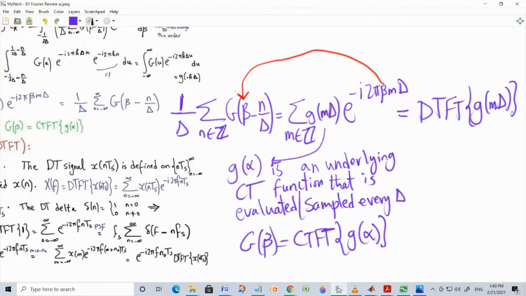Suppose that you want to compute the DTFT of some signal, so you are stuck with this summation here, and you find, for example, that g is the sinc function. Then you have a summation of sinc multiplied by complex exponential, and it seems to be intractable.